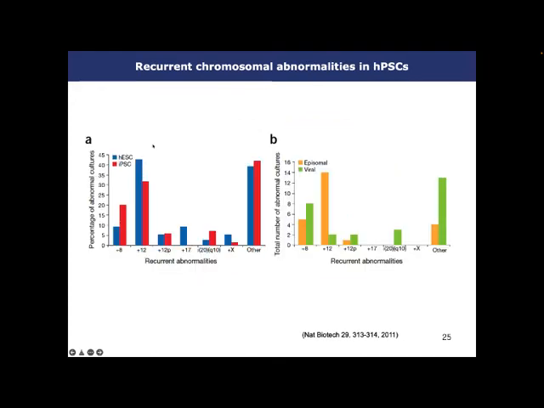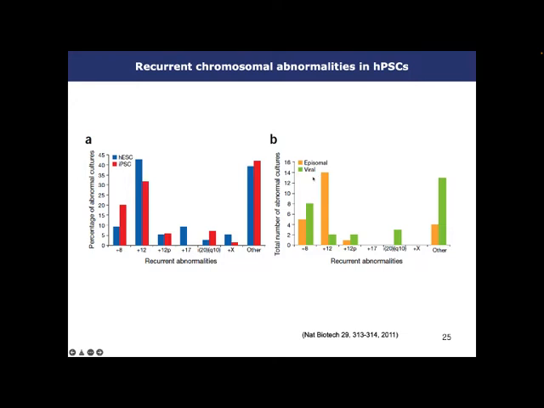The recurrent chromosomal abnormalities are really different between embryonic stem cells and iPSCs. For example, in the embryonic stem cell, chromosome 12 abnormality is more frequent, and in induced pluripotent cells, chromosome 20 abnormality or chromosome 8 abnormality is more frequent. And it can also differ among different delivery methods of the transcription factors. For example, episomal delivery of transcription factors shows more increase of chromosome 12 abnormality.